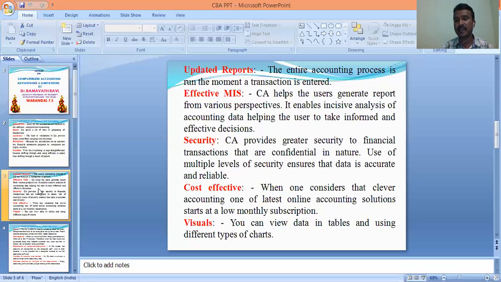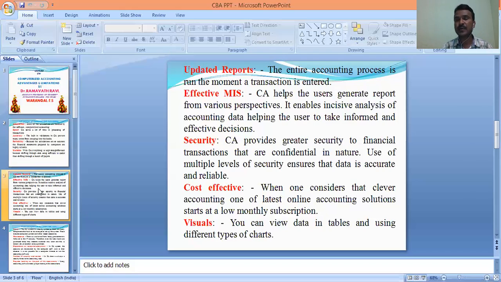computer. A digital signature mechanism is there, an authentication mechanism is there, and a password mechanism is there. So computerized accounting provides great security to the financial transactions we enter in the computer, and it is 100% confidential in nature. Use of multiple levels of security.